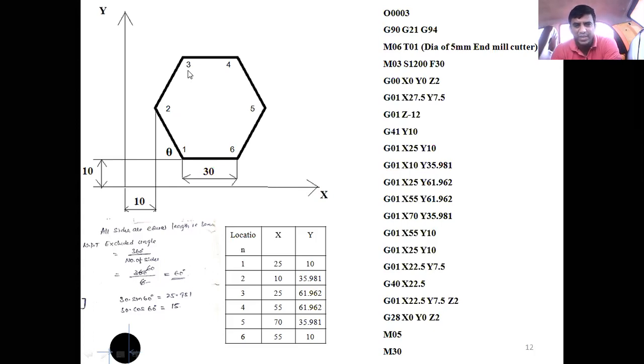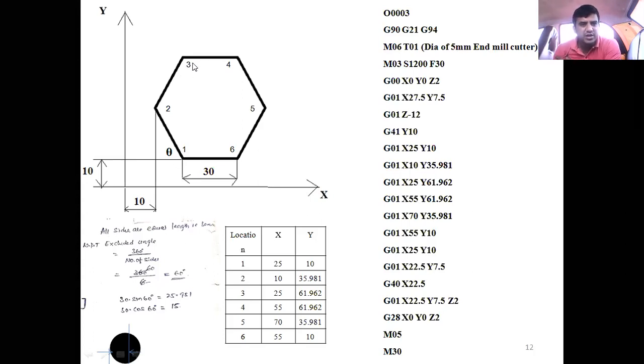Similarly, the third one. Anyone can tell me, unmute yourself. Now tell me the coordinates for the third location. I have shown it in the table, but don't look at the table and tell me. You should understand that. From 1 and 3, the x coordinates are coincident, which means what is the x value for the third location?